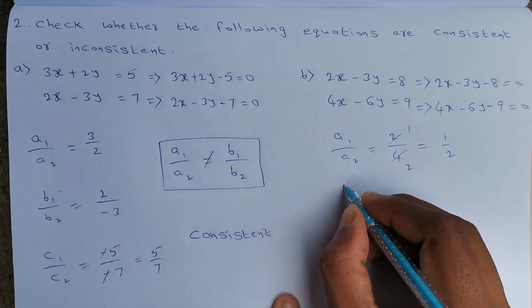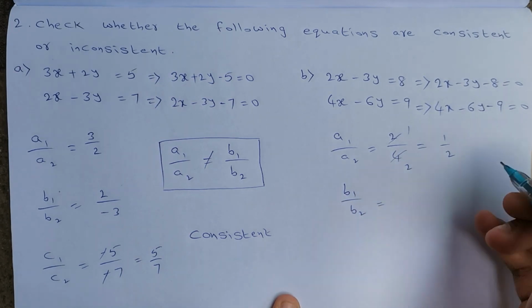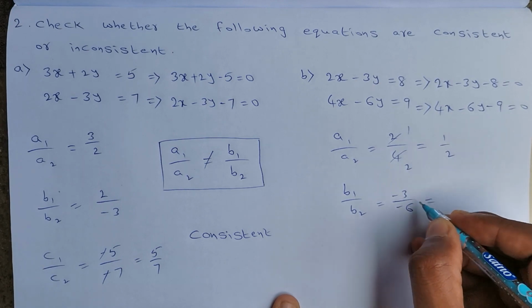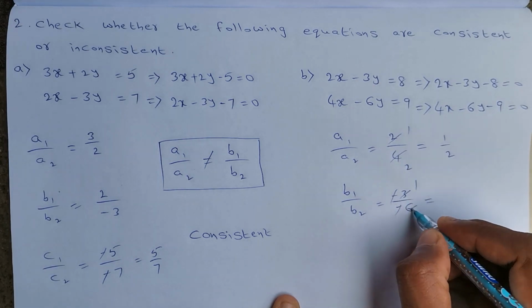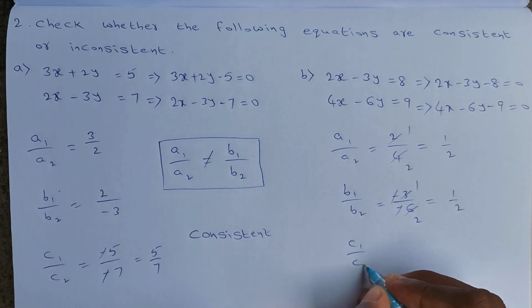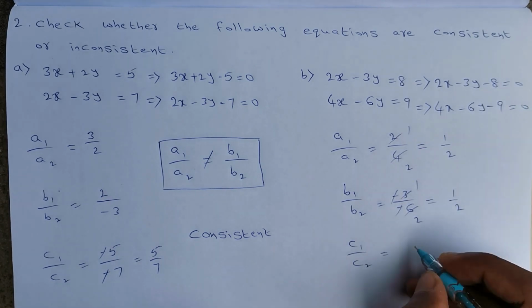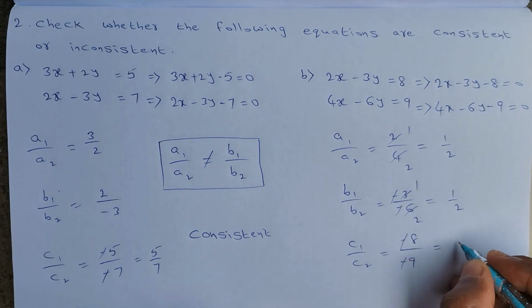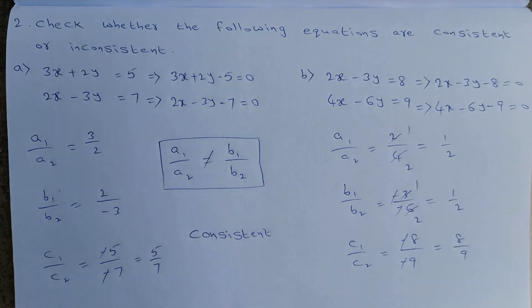Then b1 by b2, here b1 is minus 3 divided by b2 is minus 6, minus minus cancel, 3 1s are 3, 3 2s are 6, so we are left with 1 by 2. Next c1 by c2 also we need to check. Here c1 is minus 8 divided by c2 is minus 9, minus minus cancel, so we remain with 8 divided by 9.